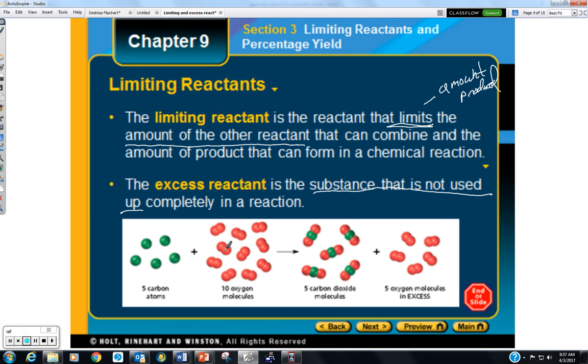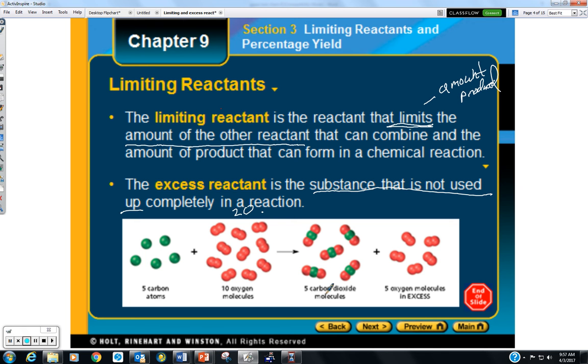We have 10 oxygen molecules, so how many oxygen atoms do we actually have? 10 sets of 2, so we have 20 oxygen atoms, and we only had 5 carbon atoms there.